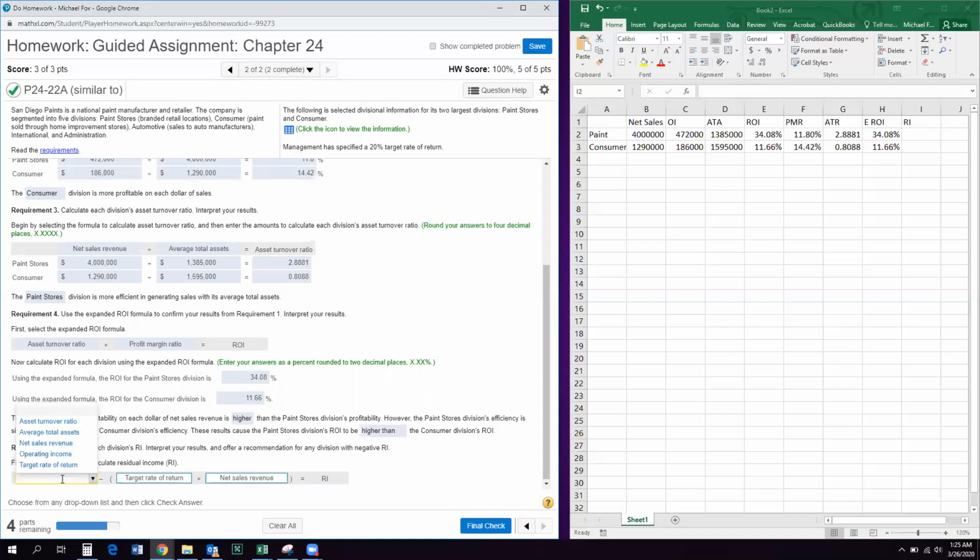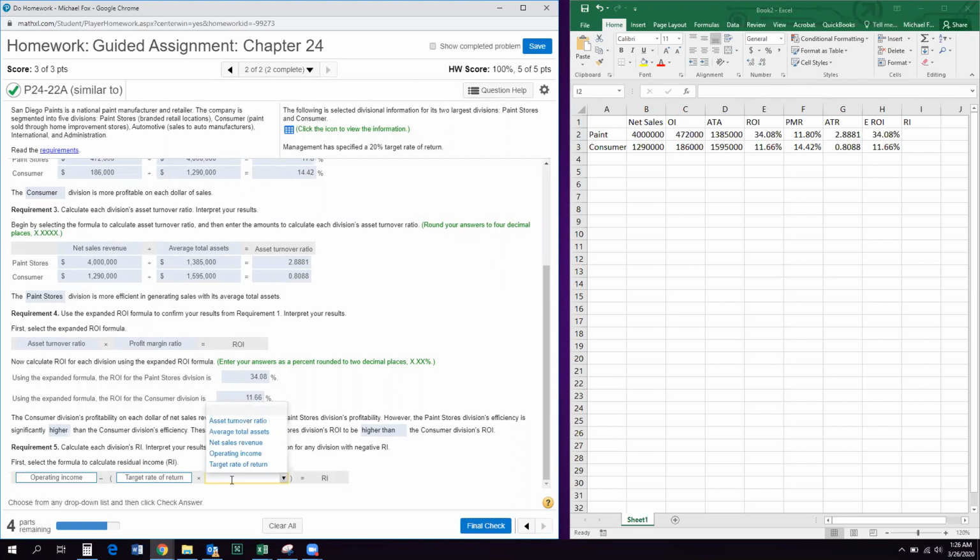Residual income should be our operating income that's over and above our target income, which I thought would be our target rate of return. Oh, but it's our target rate of return on our assets. So sorry about that, average total assets.